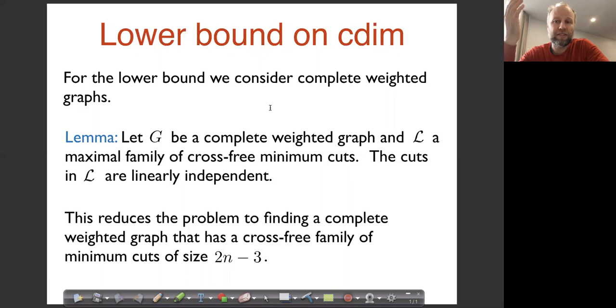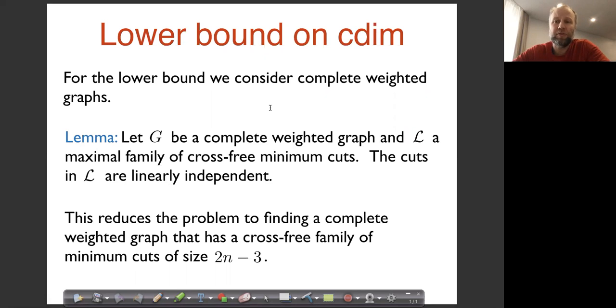So the main lemma that we show for the construction is that if we have a complete weighted graph and L is a maximal family of cross-free minimum cuts, then actually the cut vectors in L are linearly independent. So we basically know that the vectors from a cross-free family are going to be linearly independent.